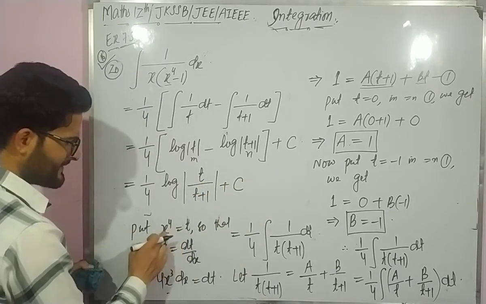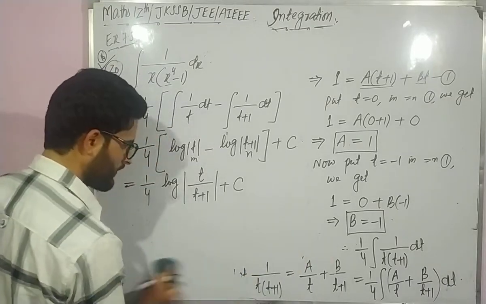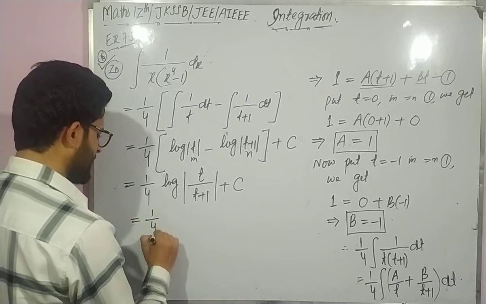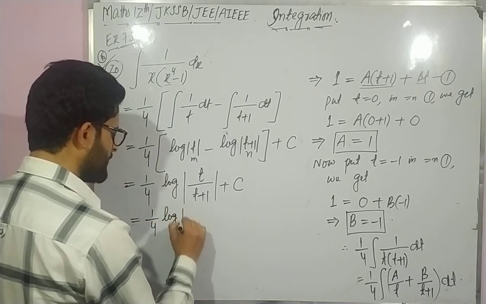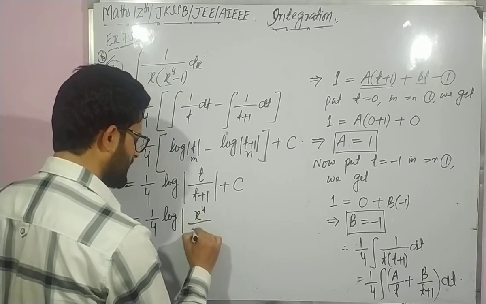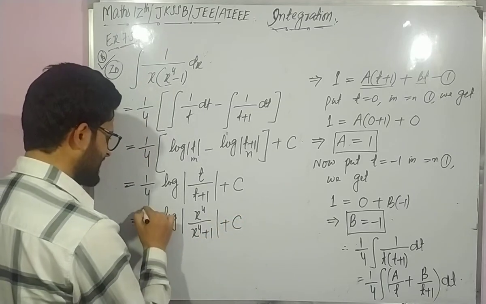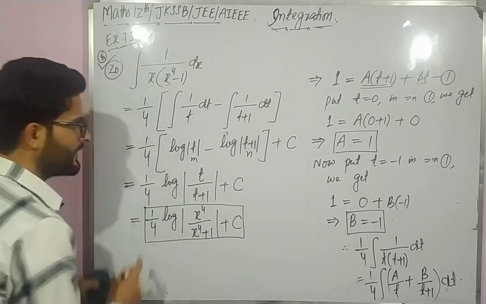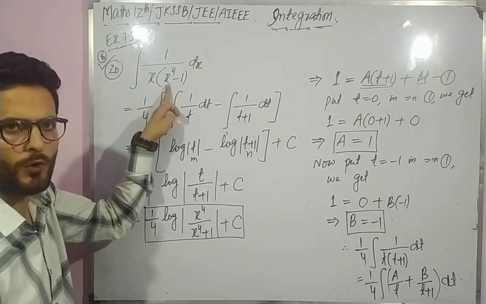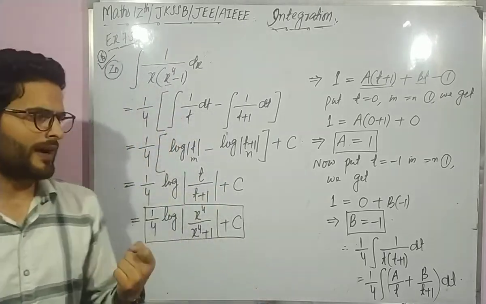Now since t has its value as x raised to the power 4, replace t by x raised to the power 4. That equals 1 divided by 4 log of mod of x raised to the power 4 divided by x raised to the power 4 plus 1, plus c, which is nothing else but the antiderivative of the function 1 divided by x into x raised to the power 4 minus 1. We have just solved this question in just 3 or 4 or 5 steps.